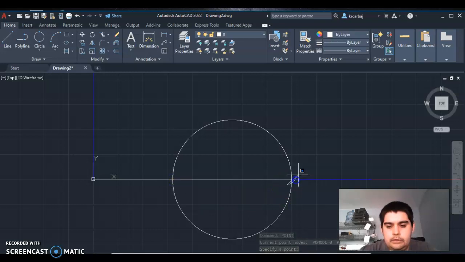Then find our point. I think I deleted it by accident. Let's redo point. Then we do properties.